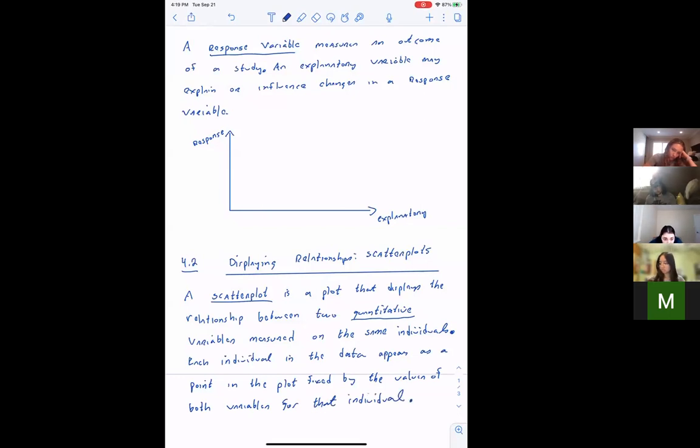So this is the lengthy definition of a scatter plot.